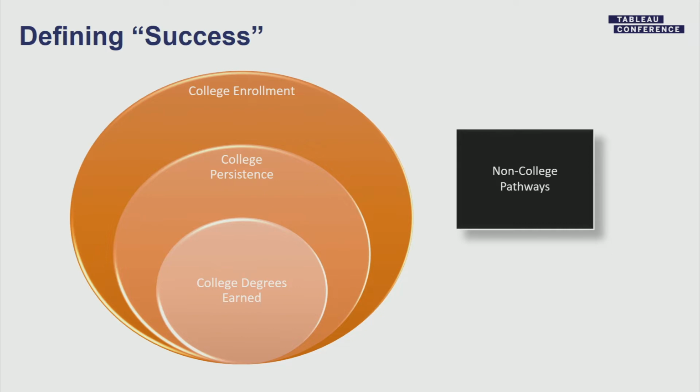Right. And so I'm just going to interject for a second. Sure. So we definitely know that the non-college pathway, and knowing about that, is a limitation of what we're presenting to you. That doesn't mean, though, that we're saying that those are not successful kids, right?